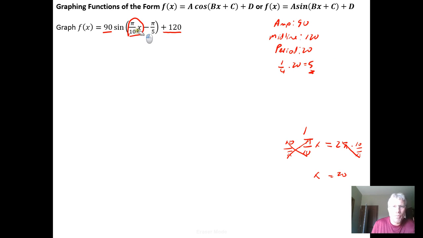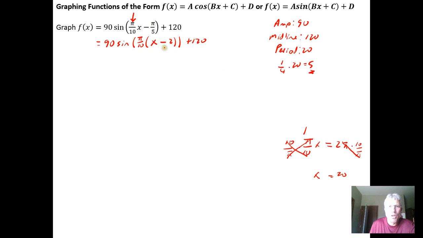And now we need to figure out what that horizontal shift is, and we do that by factoring the pi over 10 off of the x, so that we can determine what number is actually being subtracted from a single x. So I pull off the pi over 10, which leaves behind x minus 2, plus 120. We would verify this by distribution: pi over 10 times x is pi over 10 x, minus pi over 10 times 2 is 2 pi over 10, which reduces to pi over 5.